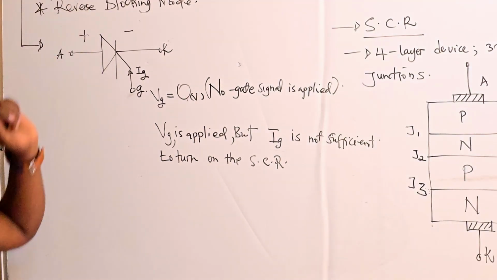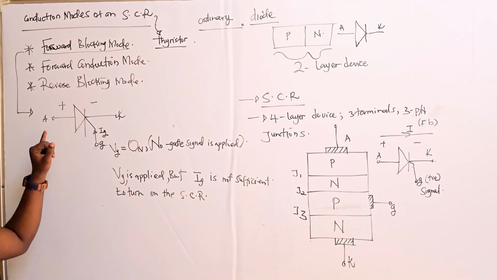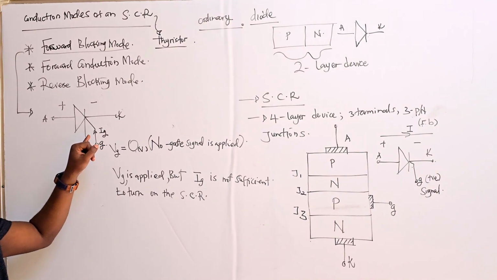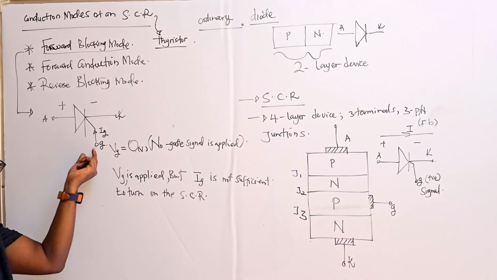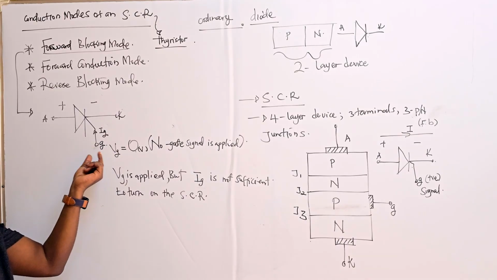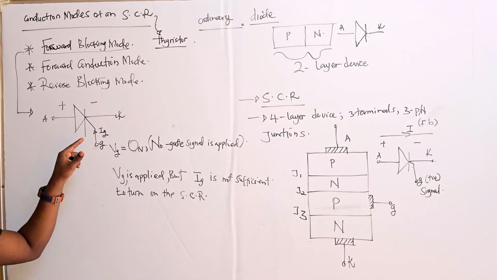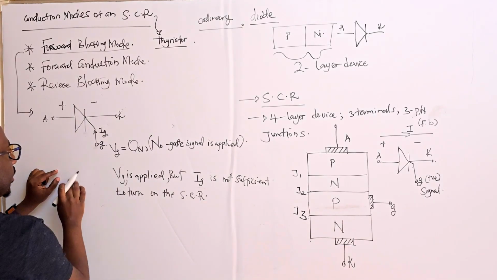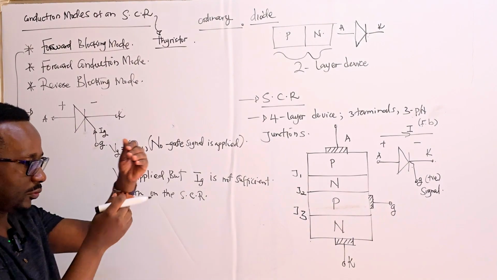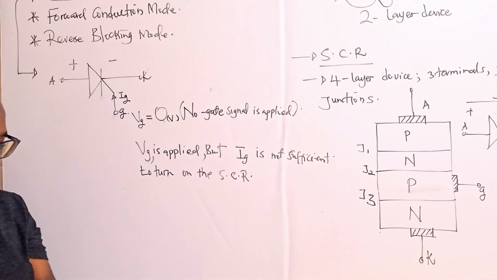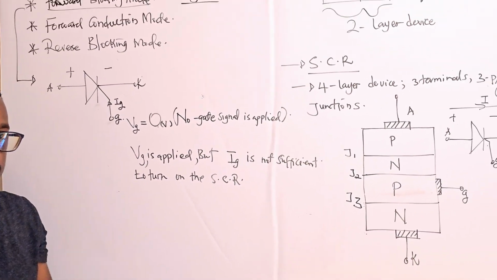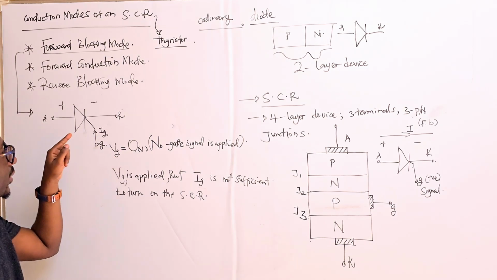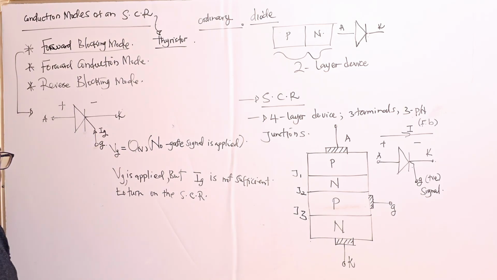So a thyristor completely depends on the gate current, which is partially controlled by the gate voltage. So the gate current is very important. A thyristor or an SCR will go into conduction mode if we have sufficient gate current, or we have adjusted the gate voltage just enough to have sufficient gate current.